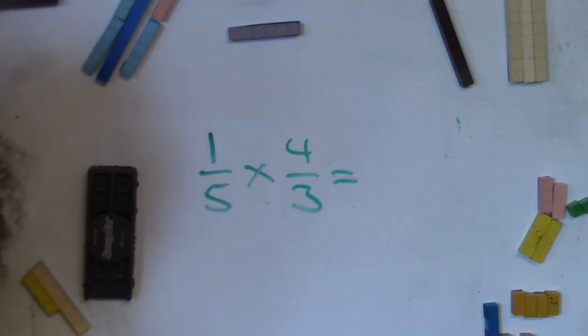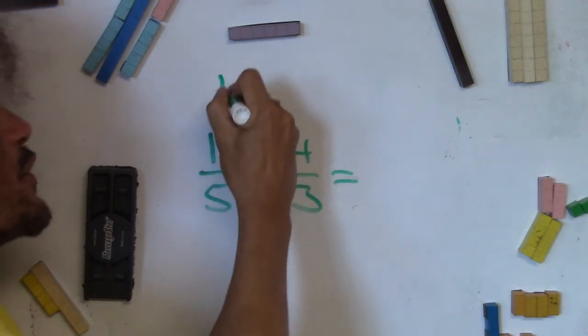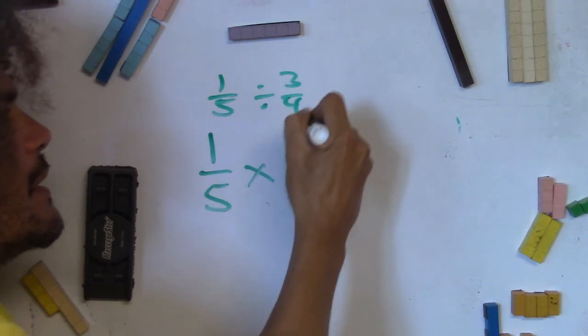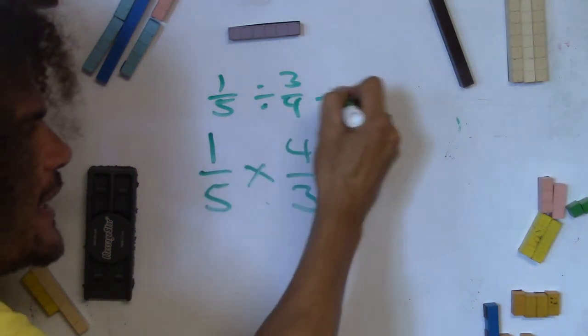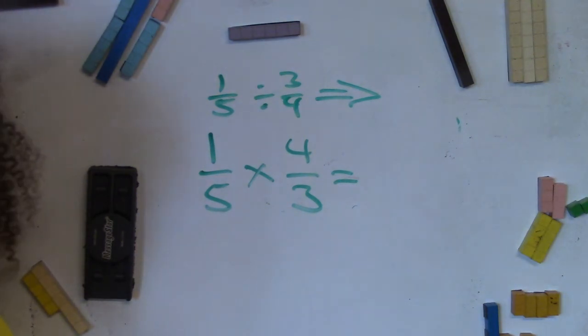Now I can do it, because I invert and multiply. The original problem was 1/5 divided by 3/4. But that's the same thing as 1/5 times 4/3. Now I get it. Alright, so then what?